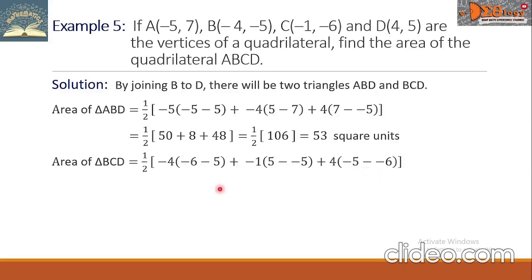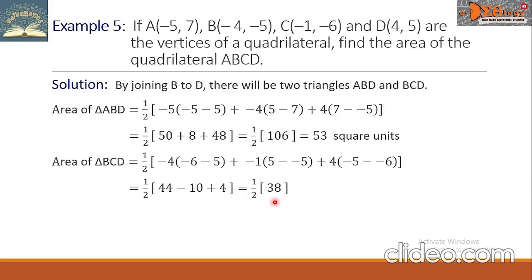Then let us simplify further. -6 minus 5 is -11, times -4, that is positive 44. 5 minus -5 is 10, times -1, that is -10. -5 minus -6, that will be positive 1, times 4, that will be 4.